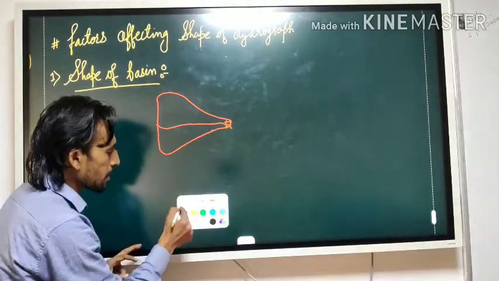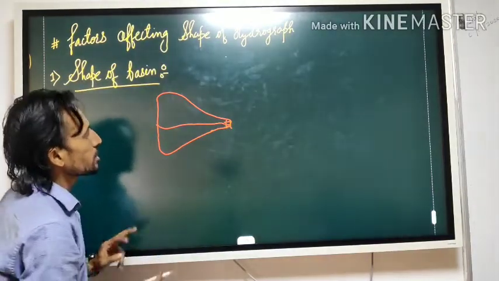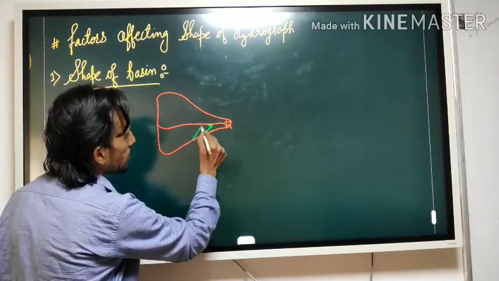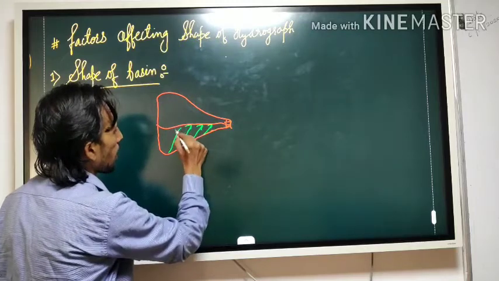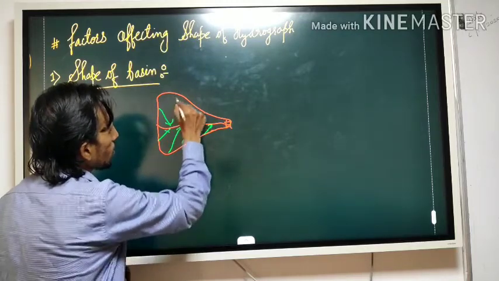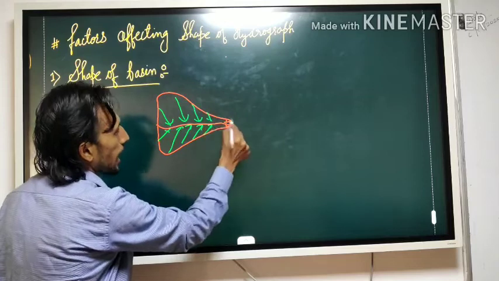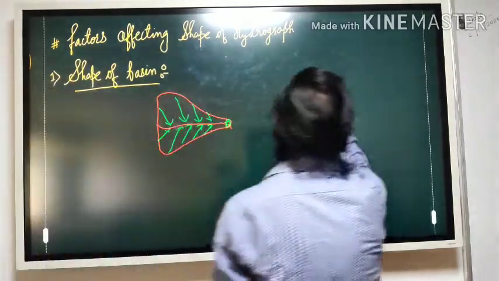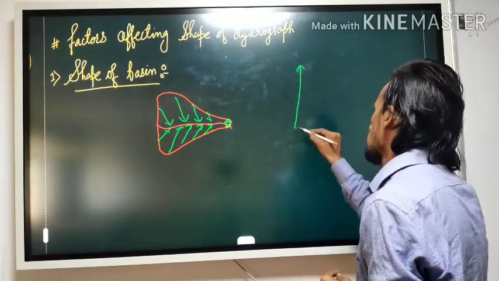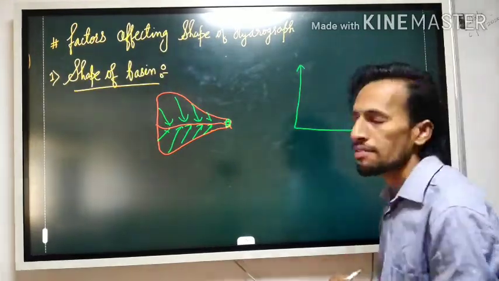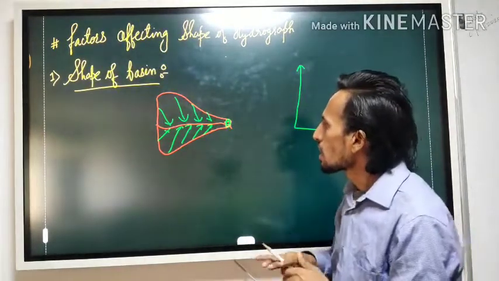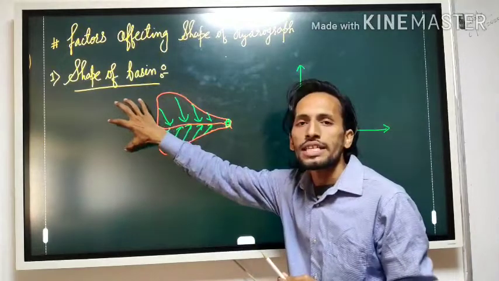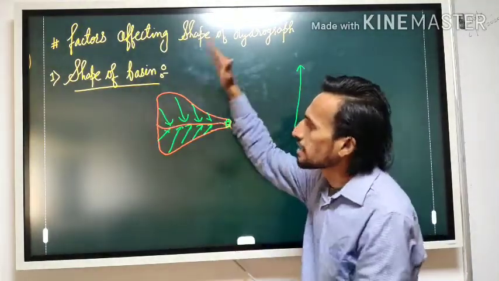So what will happen in this situation? Water will be flowing like this, and it will be observed here. If you draw the hydrograph, you could observe that the later part of the catchment is slightly broader.